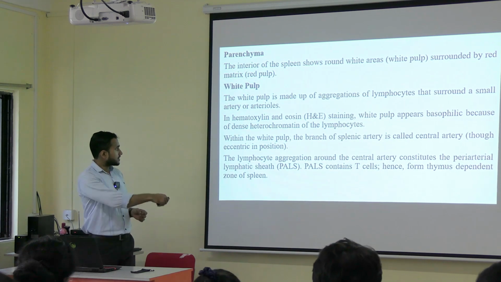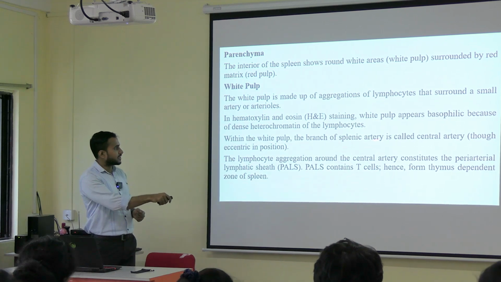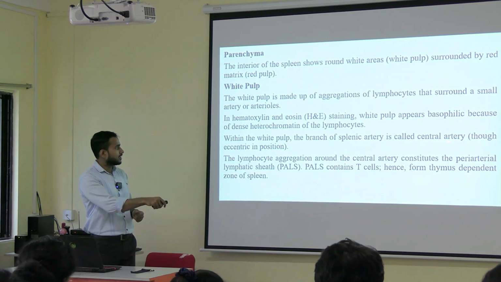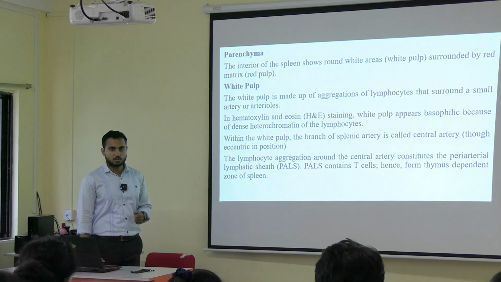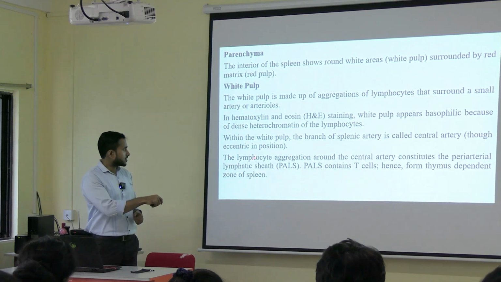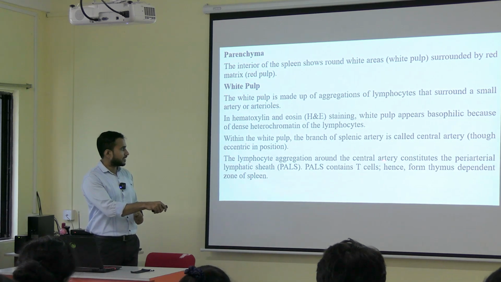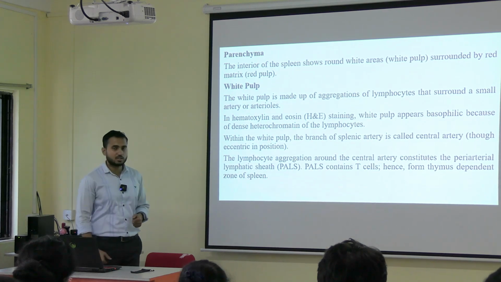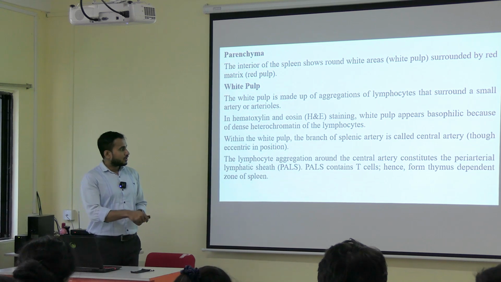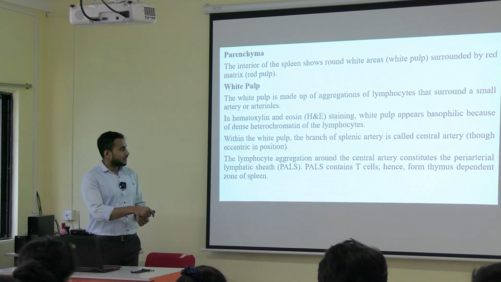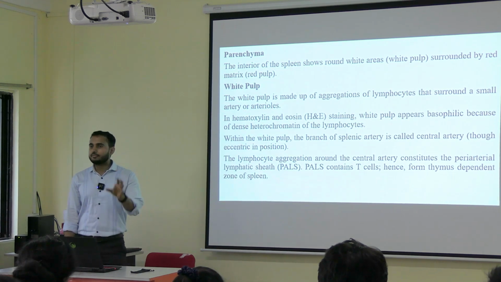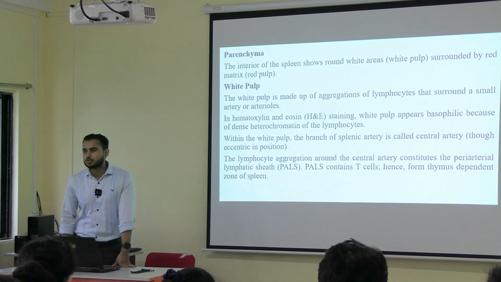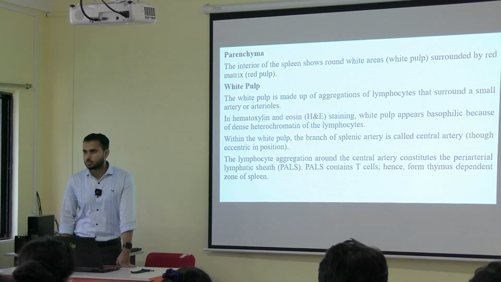Next, within the white pulp you can see a branch of the splenic artery called the central artery, or central arteriole, eccentric in position. The lymphocyte aggregation around the central artery is called PALS, periarterial lymphatic sheath. In this particular area T lymphocytes are more, that's why it is also called the thymus dependent zone.